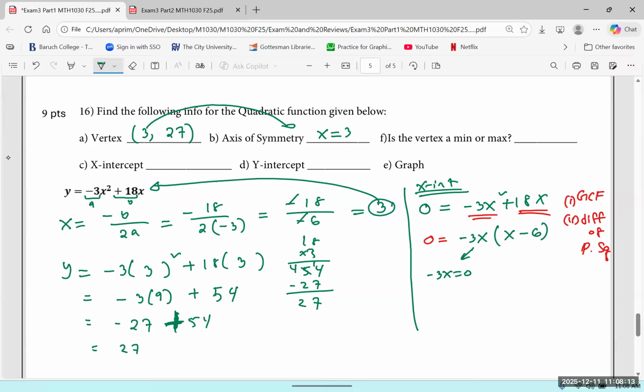So negative 3 times x equals 0 means x has to be 0. X minus 6 equals 0, you add 6 to both sides, so x is 6. Now they ask for point format. So this is (0, 0) and this is (6, 0). So you have (0, 0) as one x-intercept, and (6, 0) as another x-intercept.